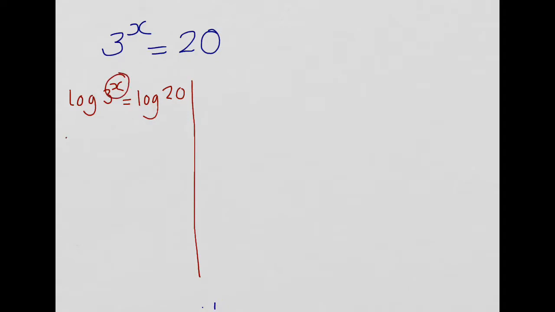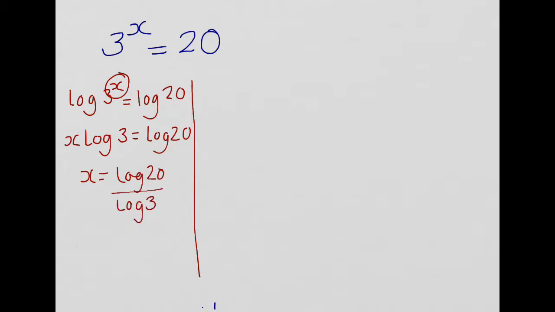So I can now write x log 3 equals log 20. And with some rearranging, I can write log 20 divided by log 3. If I type that in my calculator, my answer is x equals 2.73, and that's to 3 significant figures.